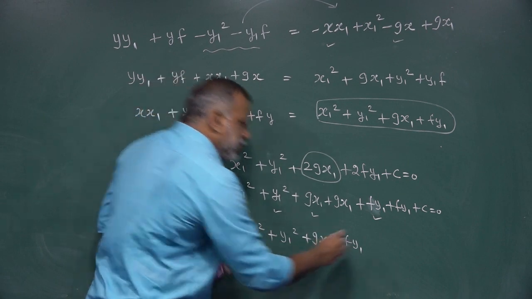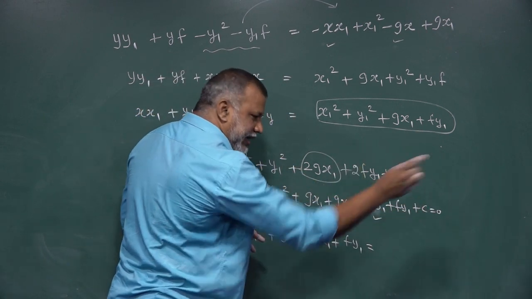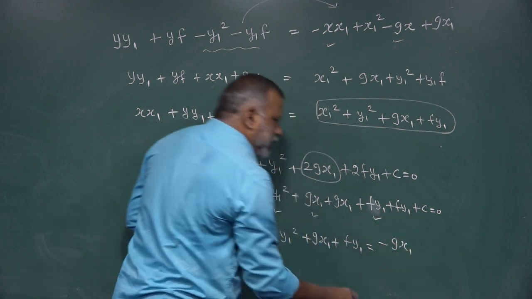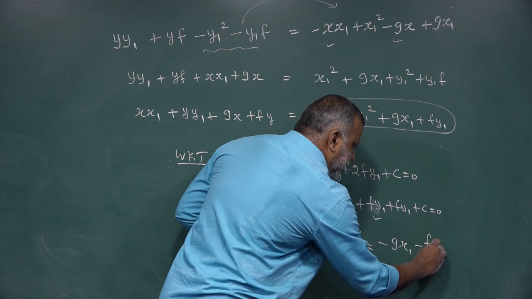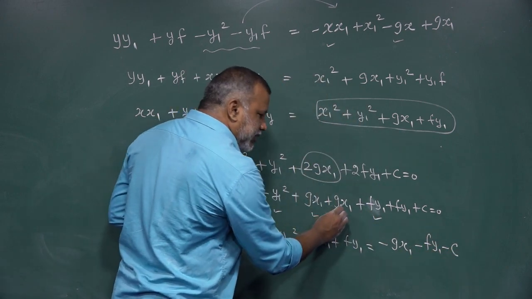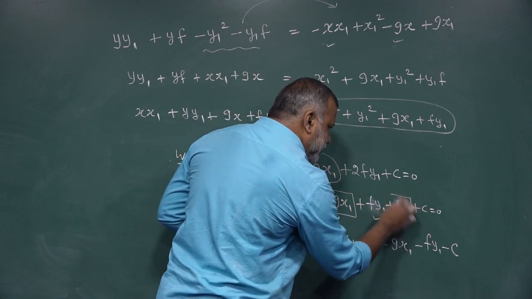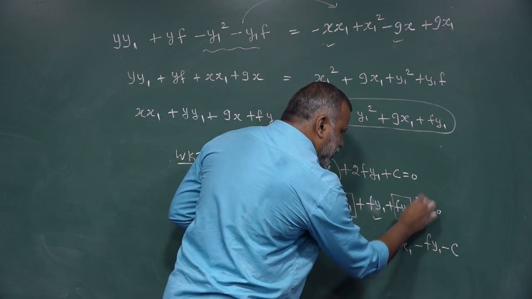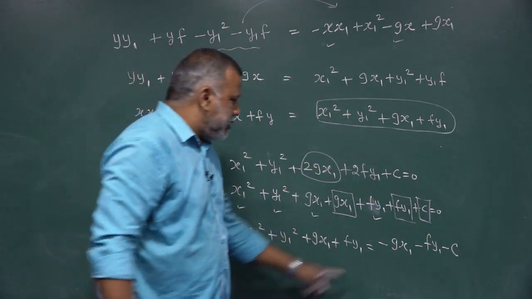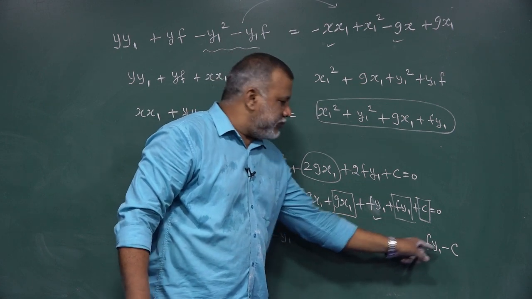Convert the remaining: gx1 converted to the other side will get negative, again fy1, so minus gx1 minus fy1 minus c. These are the unwanted values, so convert these 3 unwanted values to the other side. So we get gx1 negative, fy1 negative, minus c.